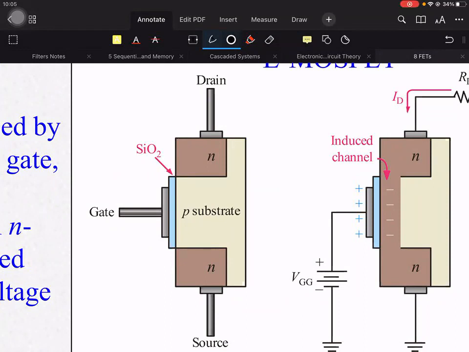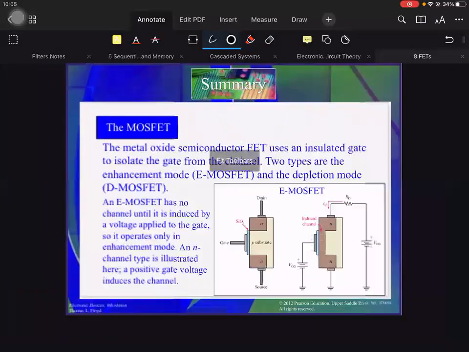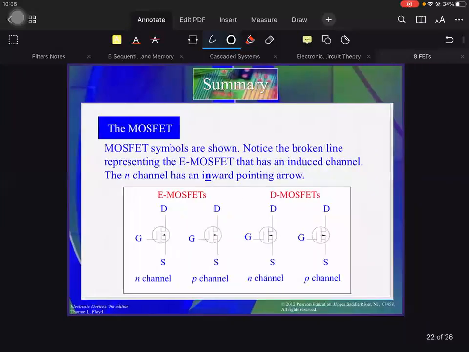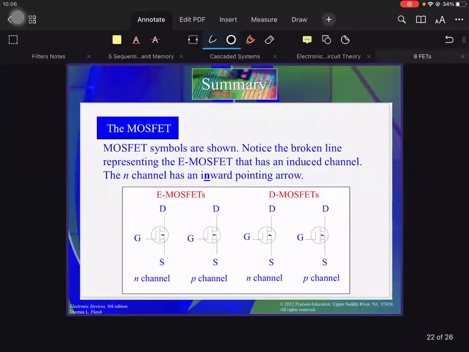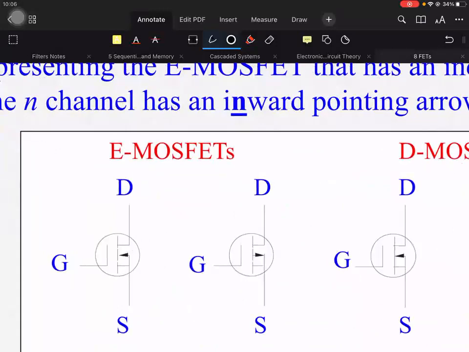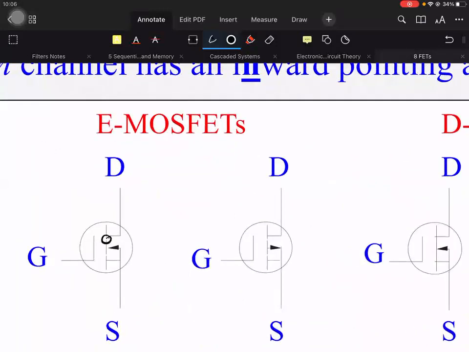Metal oxide semiconductor, that's why it's called MOSFET. SiO2. The metal oxide semiconductor. So it's the D MOSFET. A symbol, I think I've already introduced this one earlier.